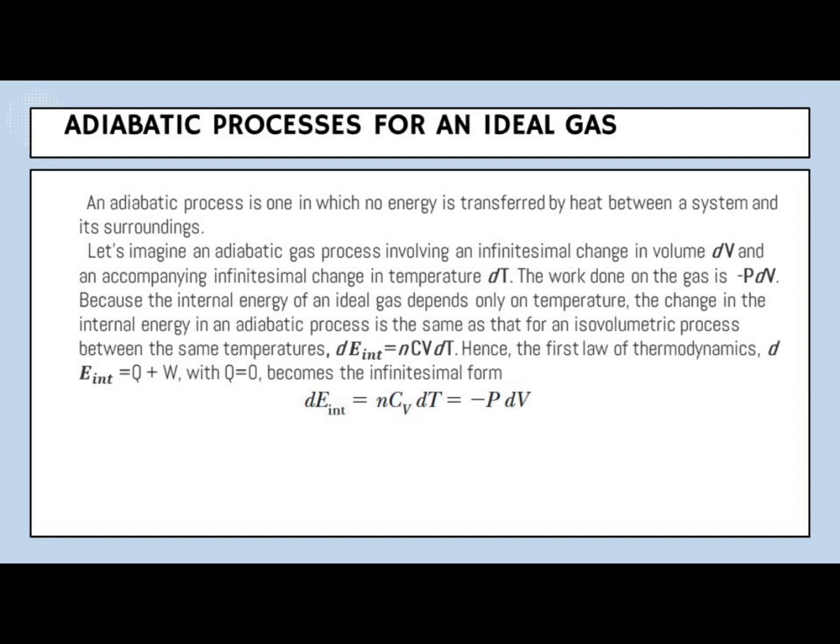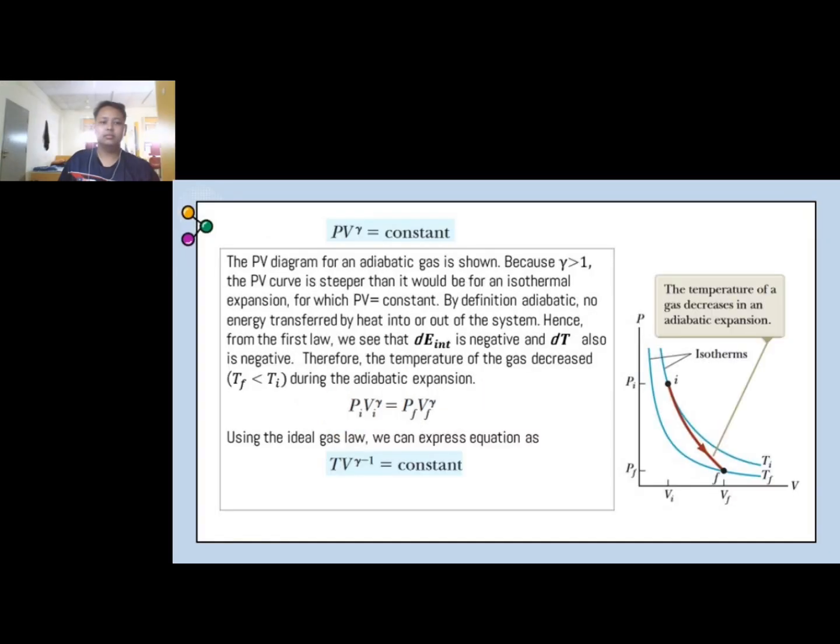The change in internal energy in an adiabatic process is the same as in an isovolumetric process between the same temperatures. In this diagram, we can see that from T initial to T final, the temperature decreases in an adiabatic expansion.